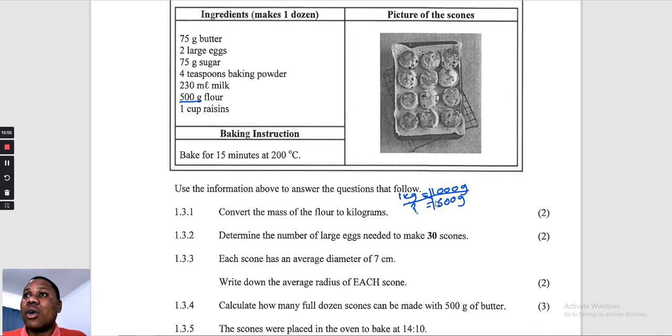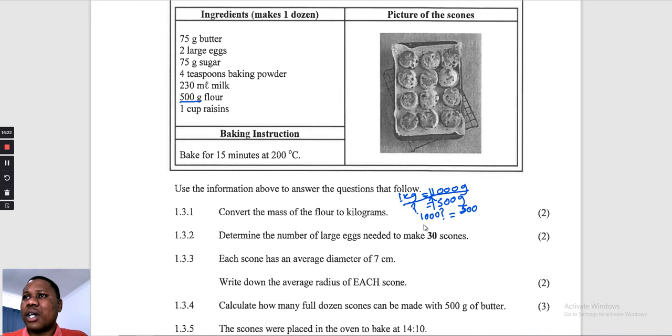I want to assure you that if you make cross multiplication your best friend, you're going to pass measurement. So we start with the question mark multiplied by 1000. That gives us 1000 question mark, which is equal to 1 multiplied by 500, which gives us 500.